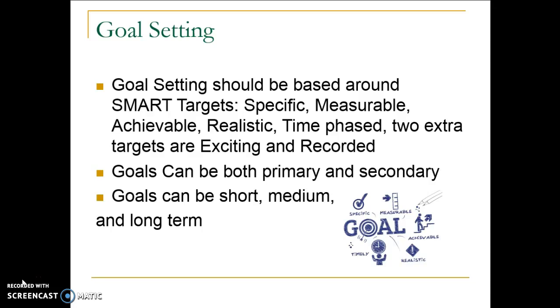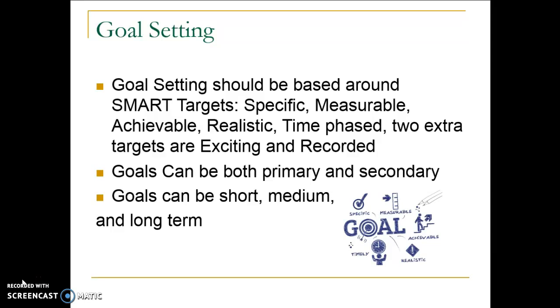Realistic, so ensuring that the goal is realistic to the individual, and ensuring that they are able to see the rewards of this and to benefit realistically from the target. And finally, time phased, which is ensuring that the timescale given to the target is realistic.